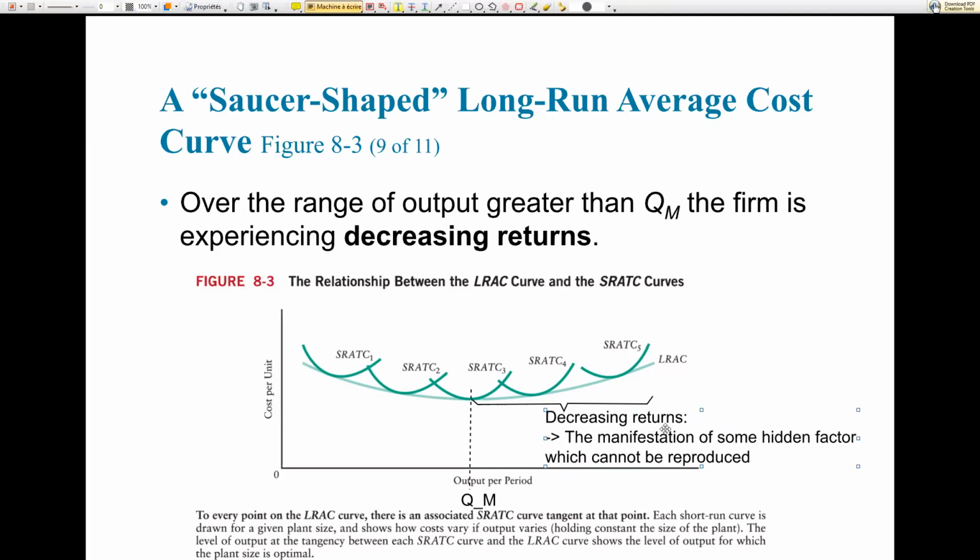So here the textbook doesn't talk too much about it. They just say there's decreasing returns, but I'm going to tell you, because if you ask yourselves, why is it that I have decreasing returns?